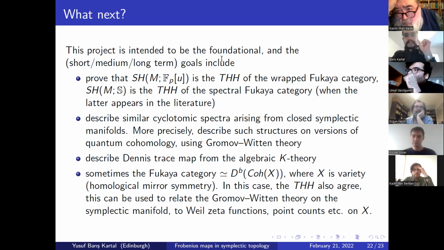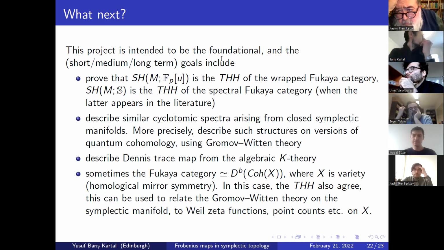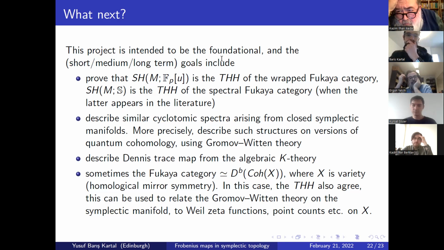Of course, this is a contentless statement because you define a non-commutative variety to be an A-infinity category or a DG category, which are equivalent notions over characteristic zero. Equivalent to coherent sheaves on a derived scheme, I would say probably, but in some cases.